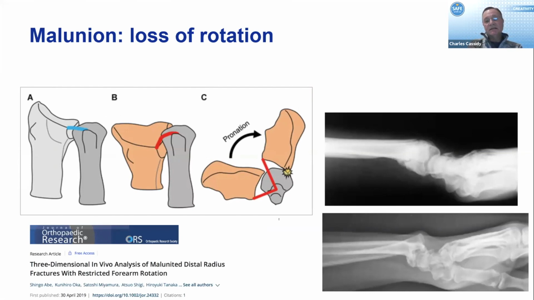And you can see that the distal radioulnar joint is not quite congruent. That's exacerbated even more in patients with volar malunions, like the ones on the right. The top right one is a subtle one, but that patient lost some supination. And on the bottom right, you can see that the distal radioulnar joint is totally off. Those patients would not be happy if their radius is not treated.